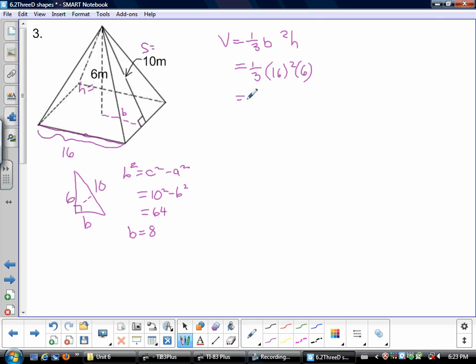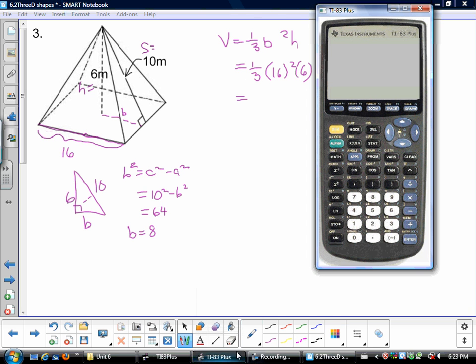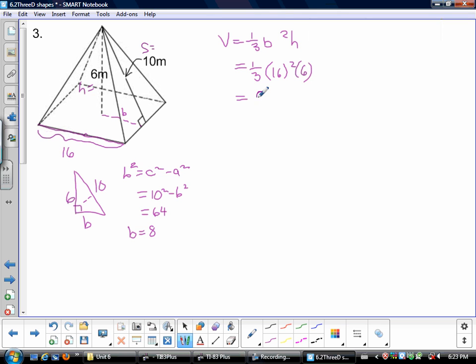And we bring up our calculator, and I'll show you how I do that. So we're going to go 1 divided by 3 times our 16 squared, and you maybe are doing that in your head, and that's fine, times 6. So we end up with 512. And we're looking at volume, so it's going to be our units cubed, so meters cubed.